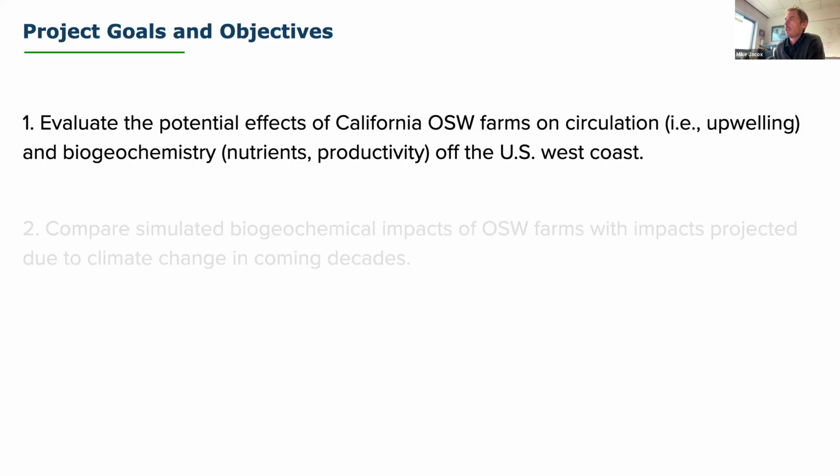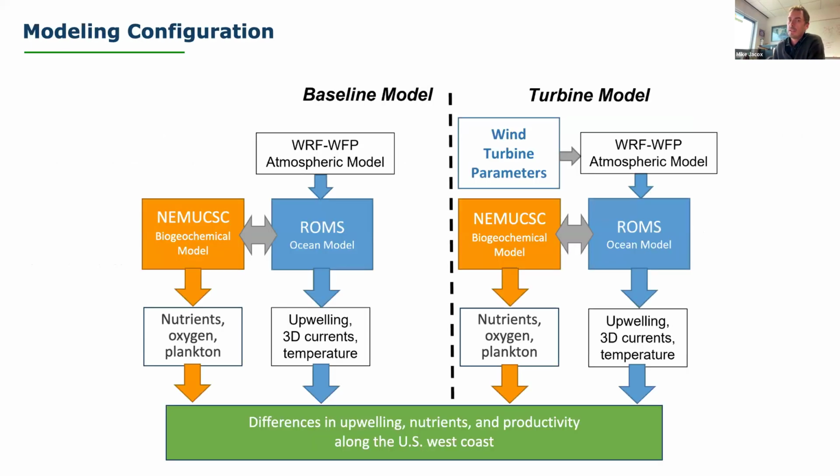All right, so focusing on this first piece, and bear with me, just walking through some of the details of how we're doing this. You can just focus on the left here where it says baseline model. We have a series of models linked together to look at the impacts we're interested in. There's an atmospheric model, and I'll unpack each of these a little bit in the coming slides, where we're able to represent the wind farms.